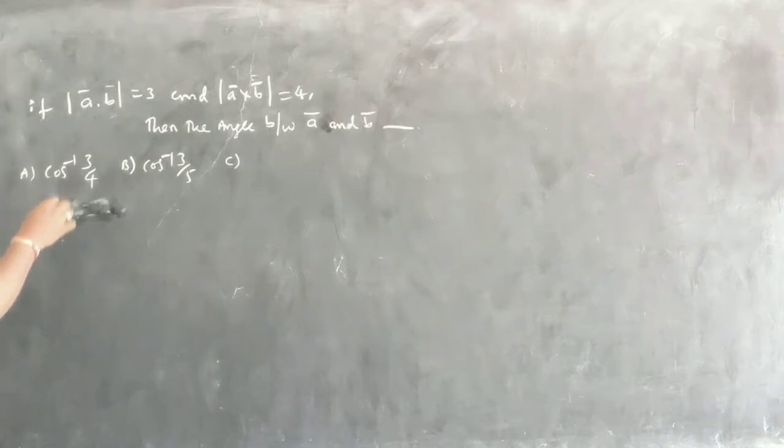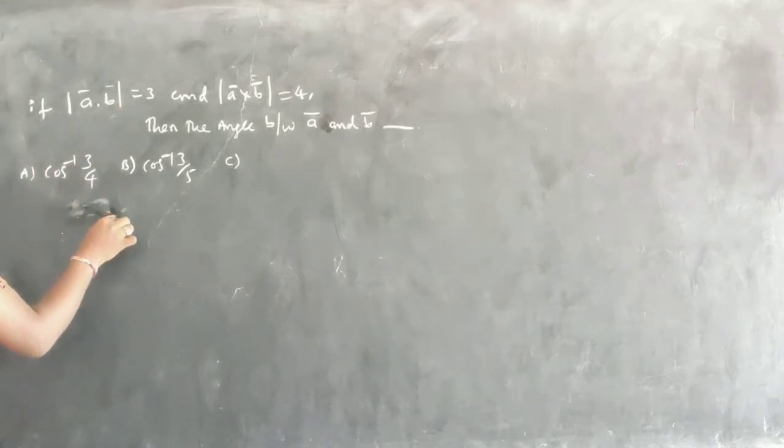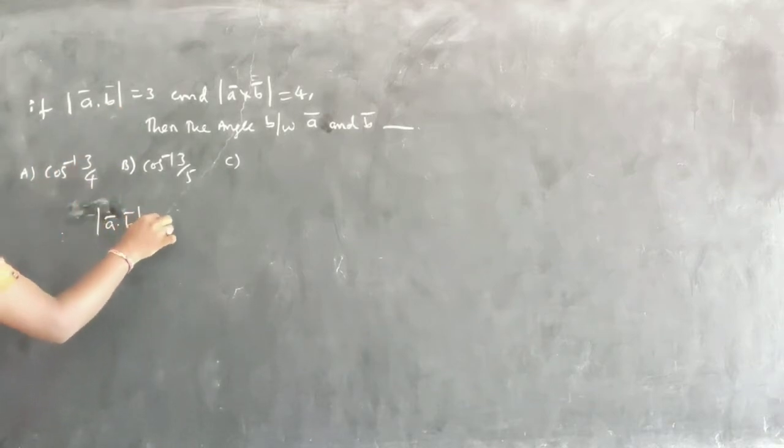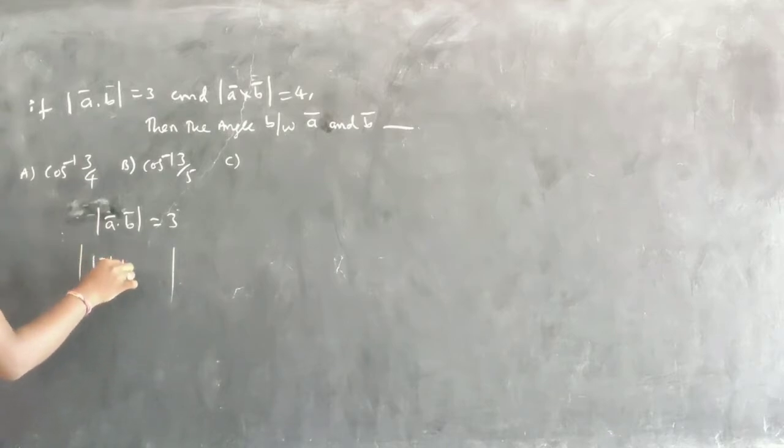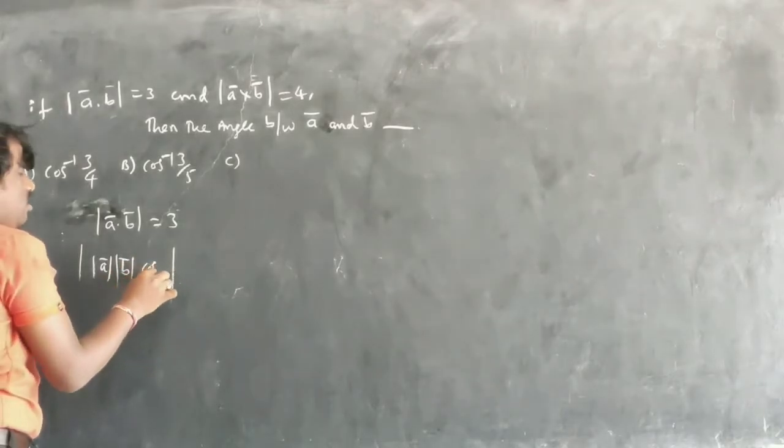Now what do you do here? Modulus of A dot B is given as 3. How can you write A dot B here? Mod A mod B cos theta.